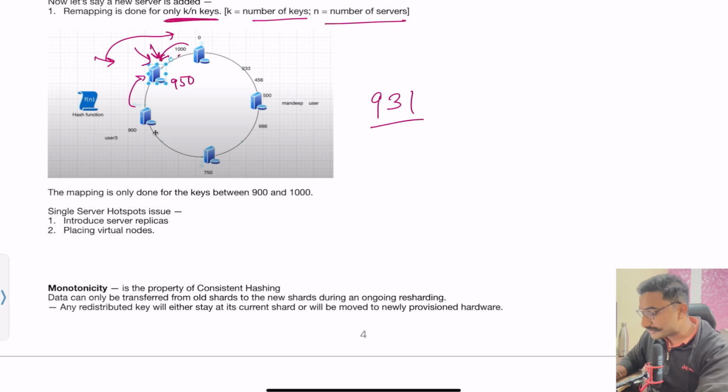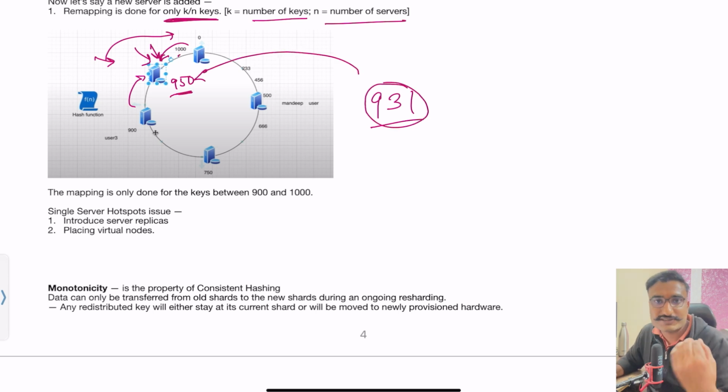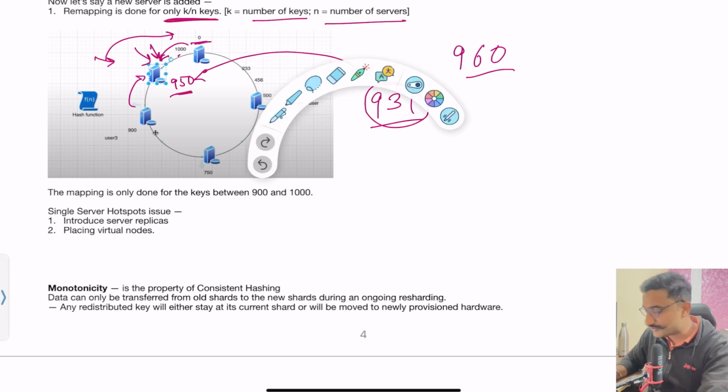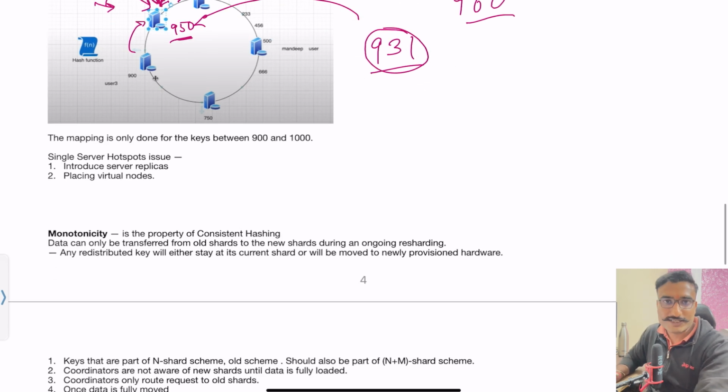But since there is a new server, this 931 should be stored at 950. So this is the key which is reshuffled. But if the key was 960, it was stored at 1000 and still remains at 1000. So this is what I mean by reshuffling or retransferring keys to other servers to balance the keys out.